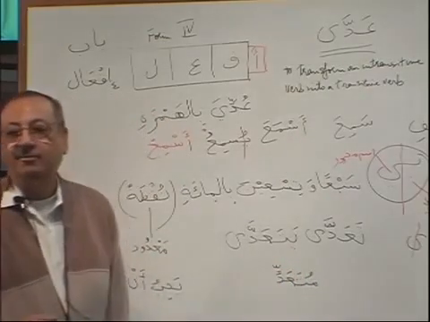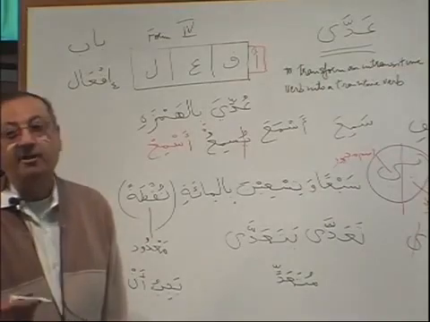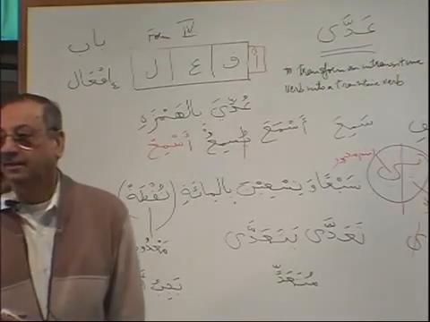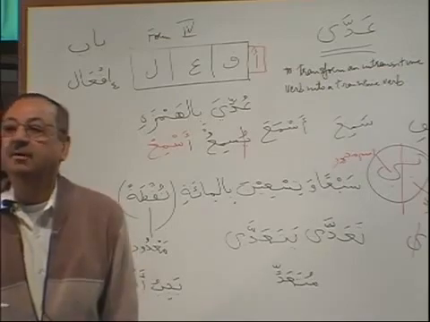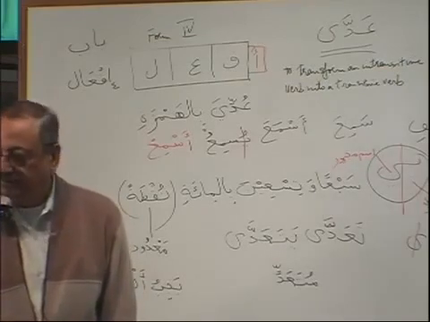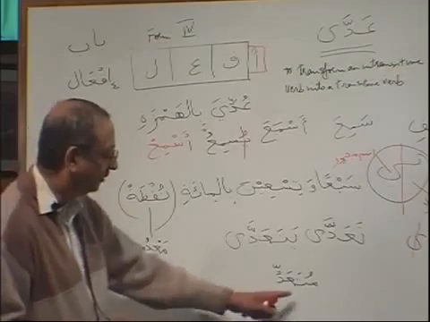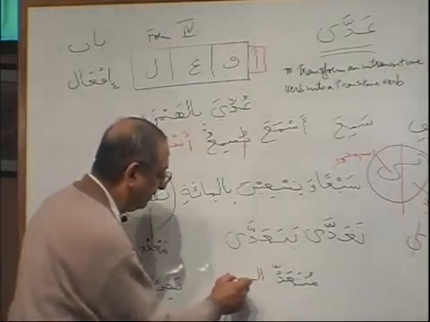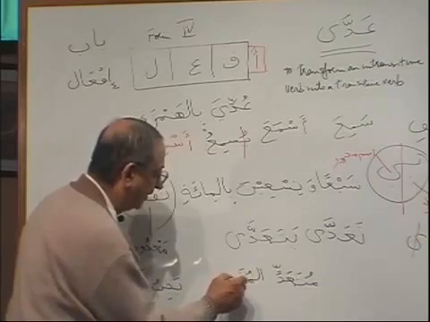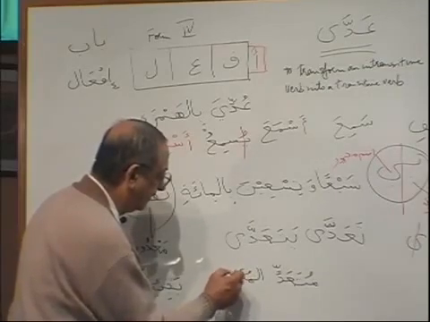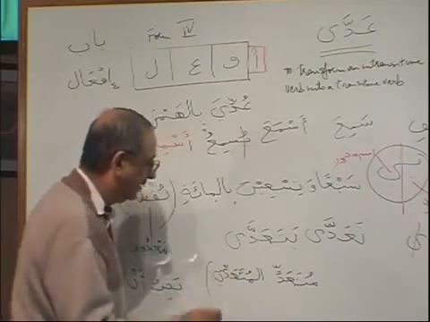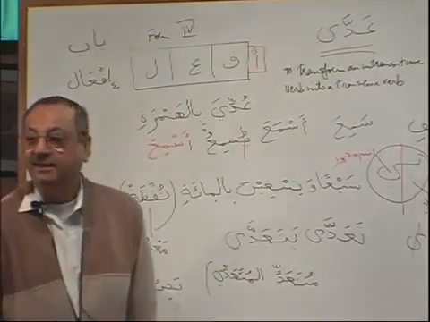Only in form 5 and form 6, you give a kasra when you make it into ism fa'il. Otherwise, there are no kasras there. So muta'addin, or if you put alif lam, muta'addi. Are you with me? Muta'addi.